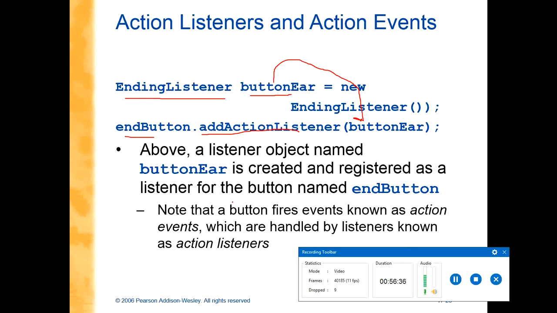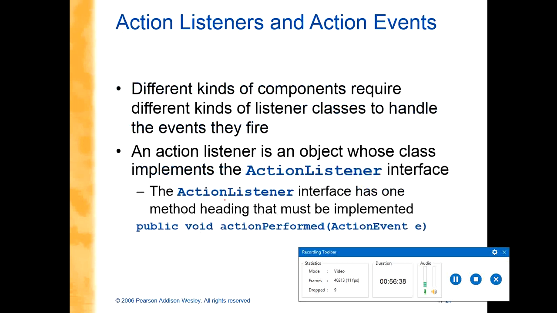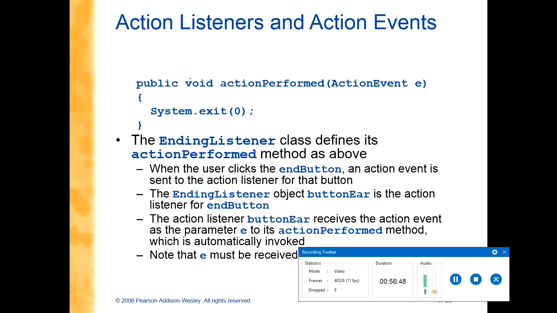That means it defines what type of action it will perform. Different kinds of components require different kinds of listener classes, and they can fire different kinds of events also. Here we have just made clicking on the button exit, but it can perform many other actions also.